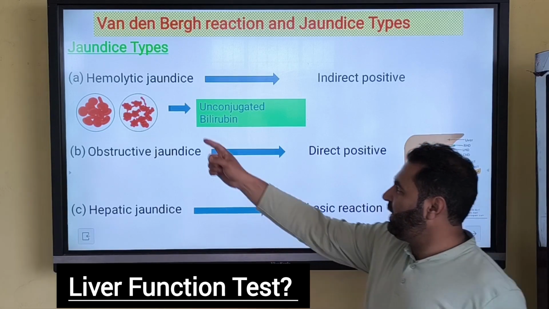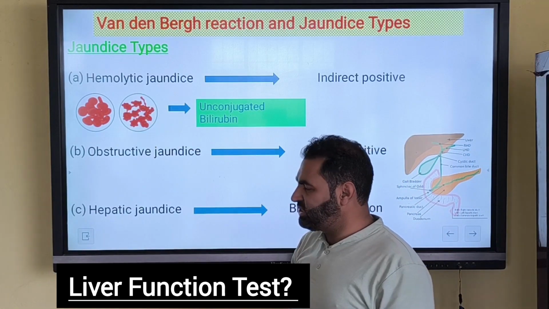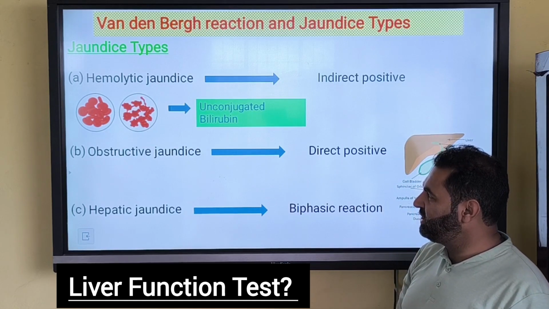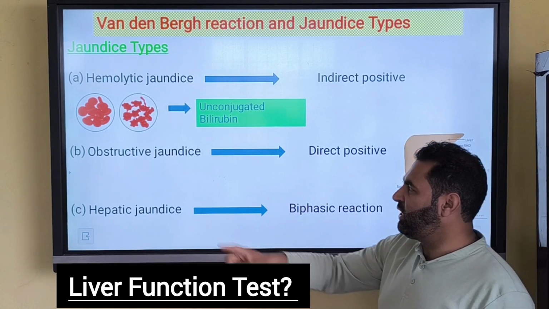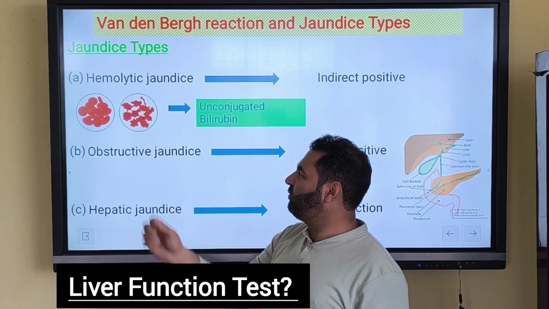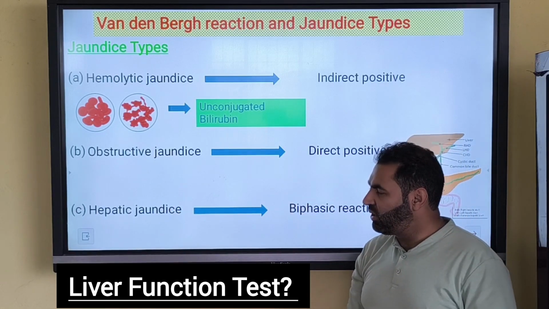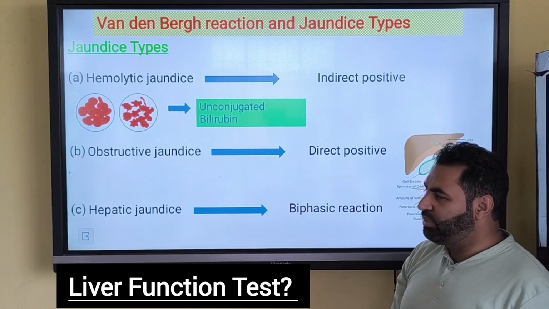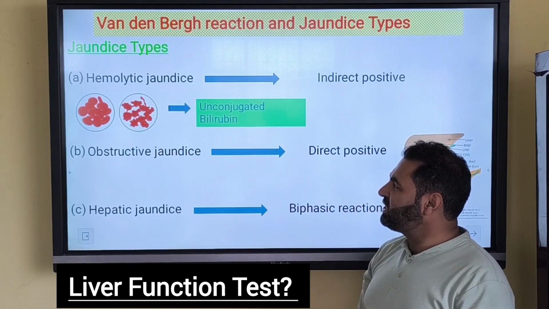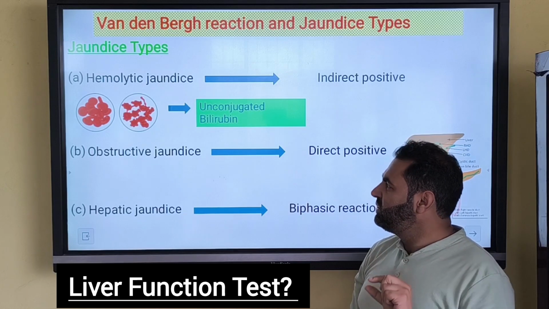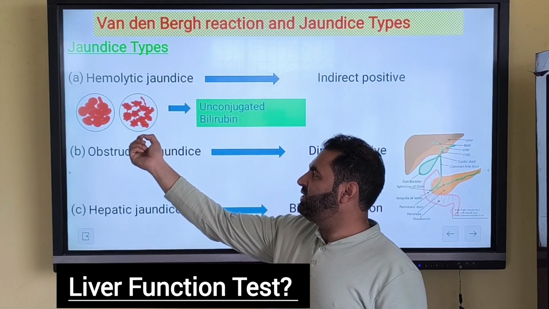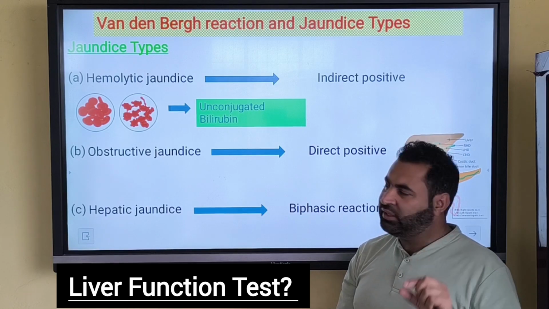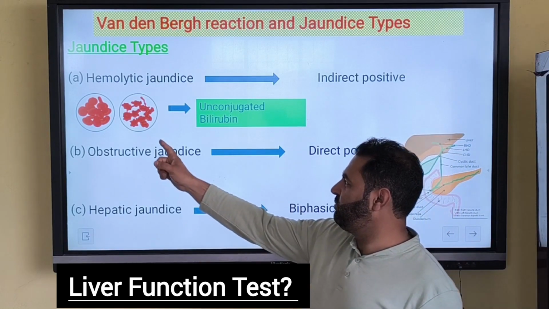So we have one type of jaundice called hemolytic jaundice. As the word suggests, hemolytic jaundice is a jaundice where there is hemolysis, breakdown of red blood cells. Those red blood cells may lyse because the patient is taking some drug. That drug is reacting with his RBCs and it is causing hemolysis.